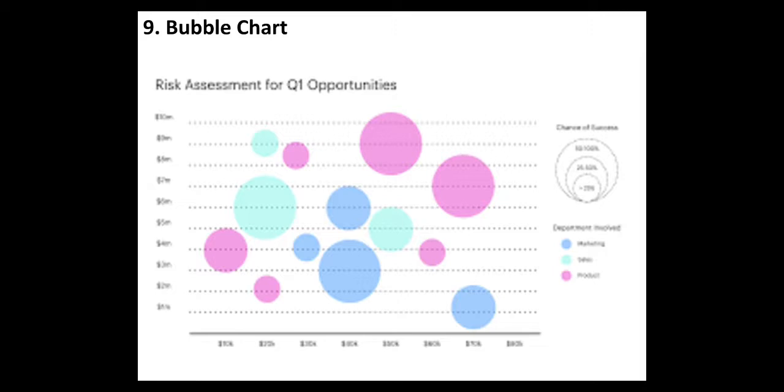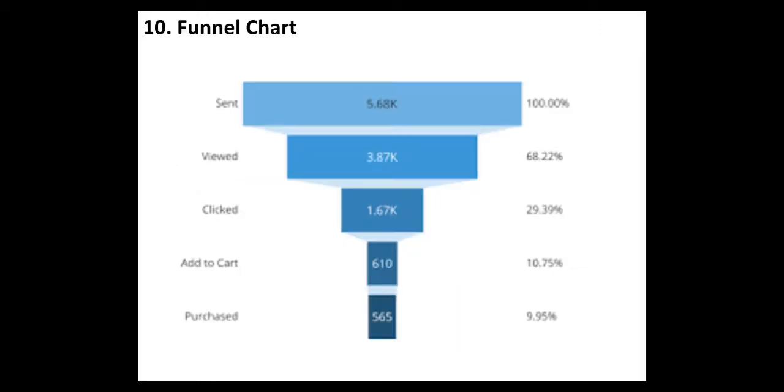Coming to the next chart, the funnel chart. The funnel chart is shown in the image. These are often used to represent how something moves through different stages. It displays values as a progressively decreasing proportion, accounting to 100% in total.